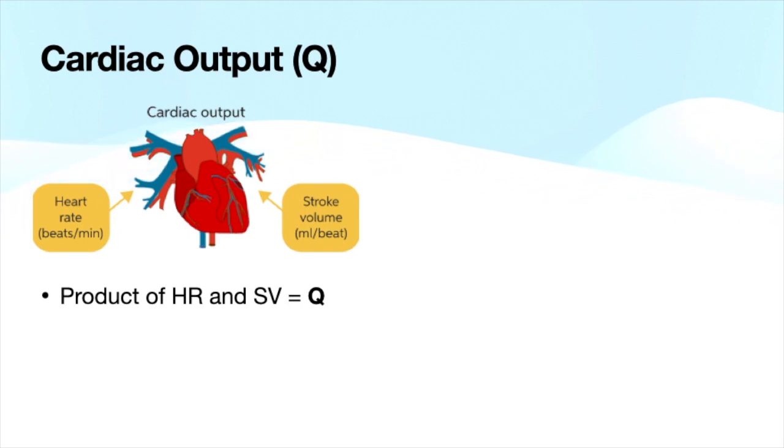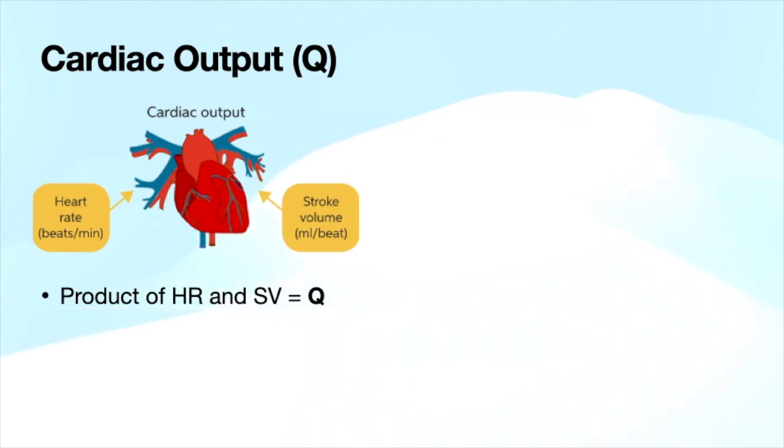This means that if your heart rate increases and your stroke volume increases, your cardiac output also increases. Same relationship goes if your heart rate decreases and your stroke volume decreases, your cardiac output will increase or decrease? Decrease.